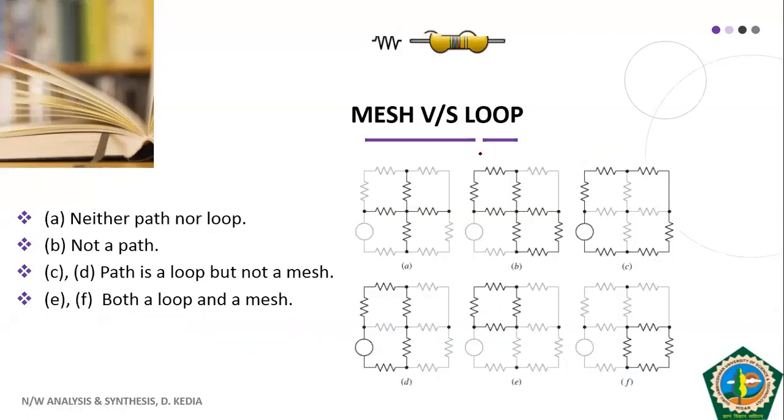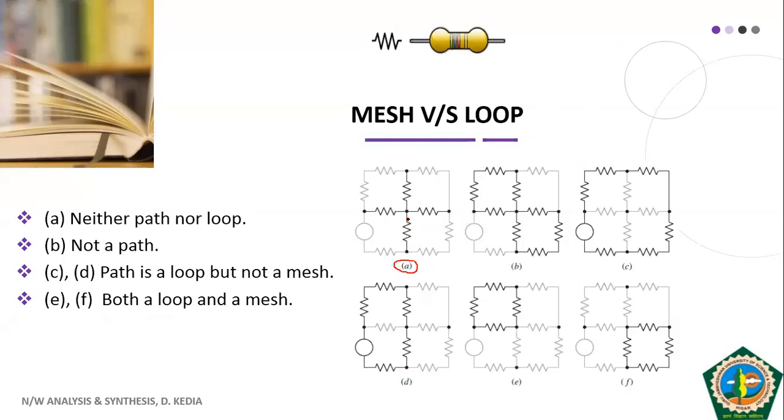This is how we define the difference between mesh and loop. See, in figure A there is no closed path. Here you need to notice that the branches are shown, one in dark shade and another in light shade.